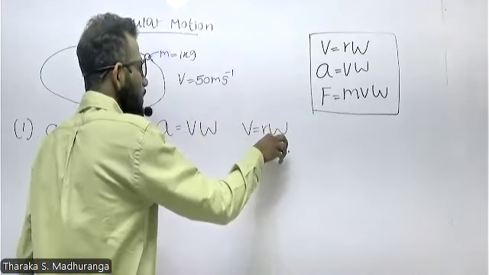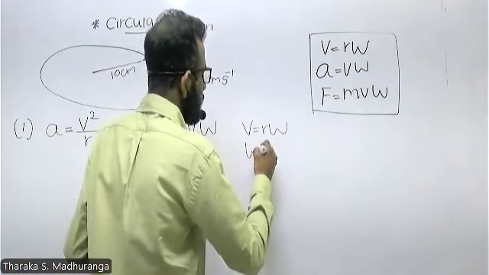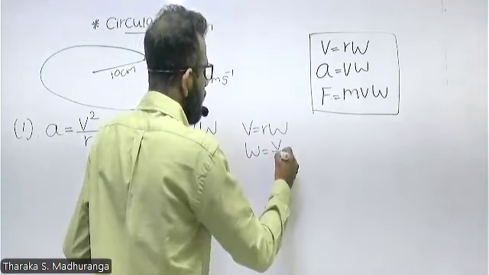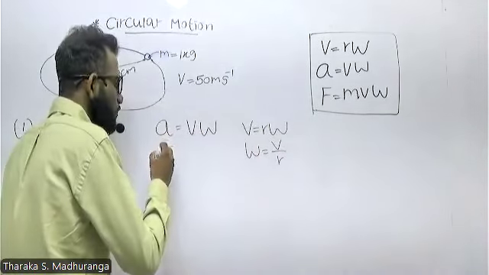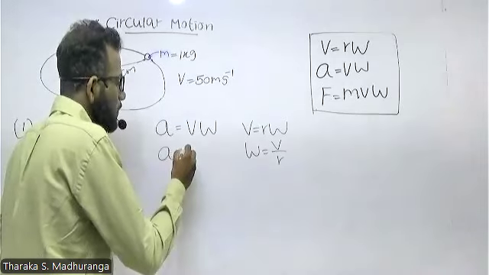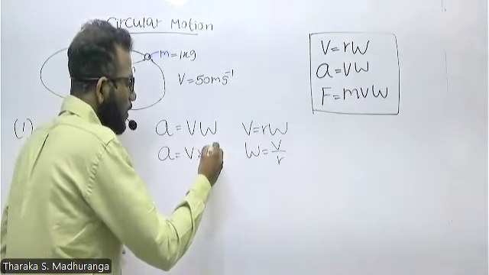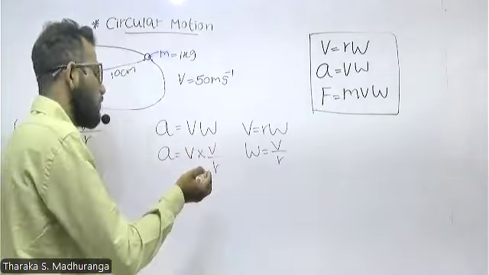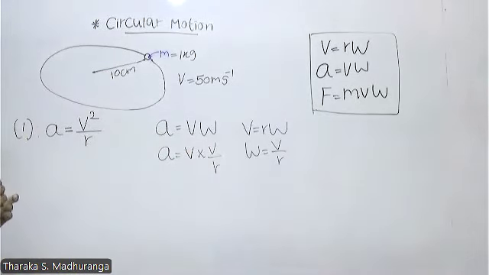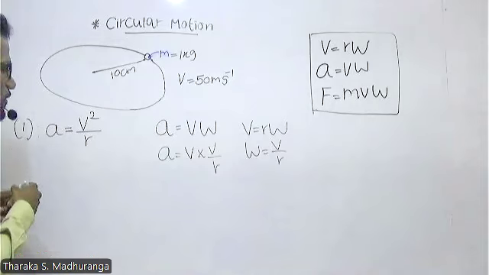Then omega equal V over R. I isolate this: A equal V into V over R. Then V square over R equation I got.